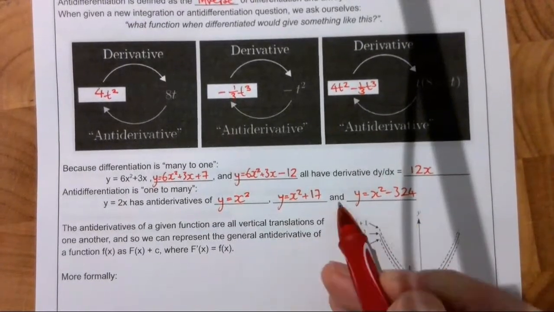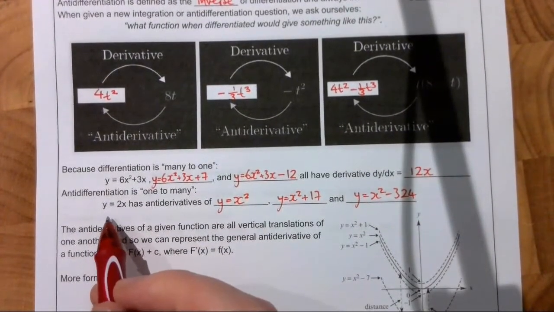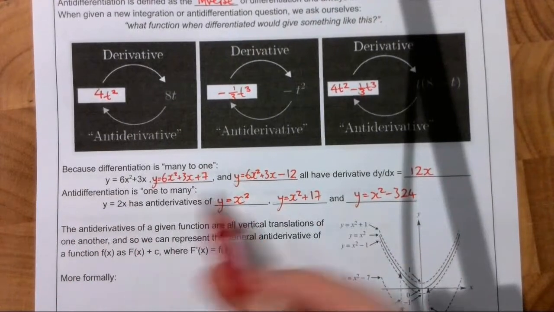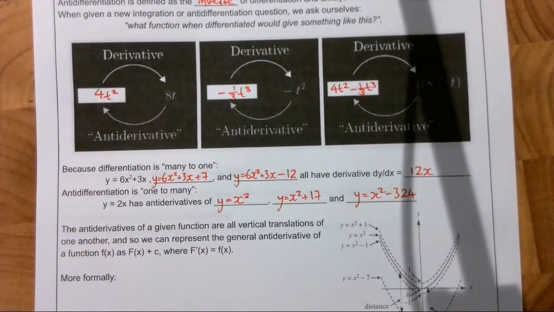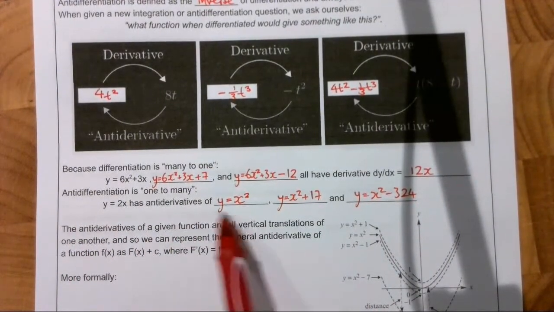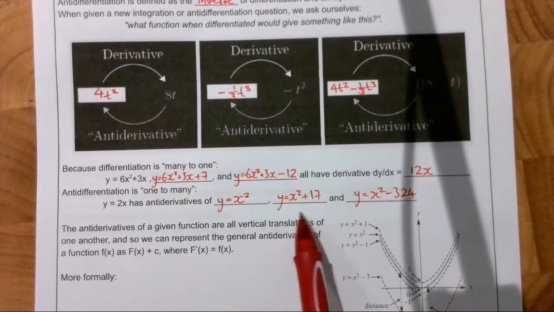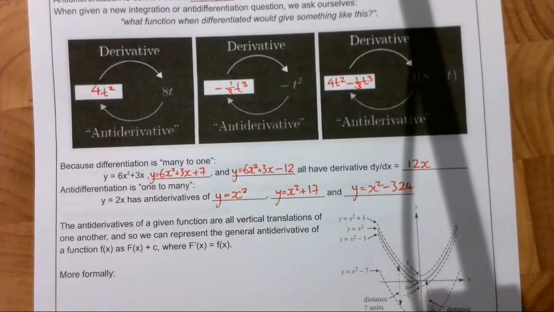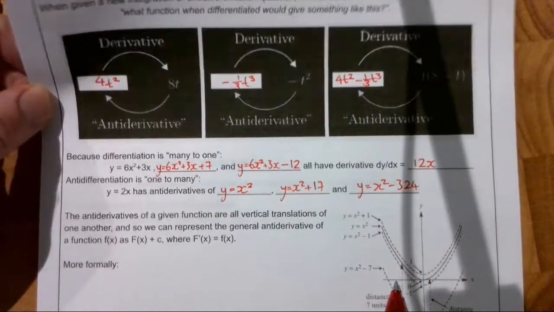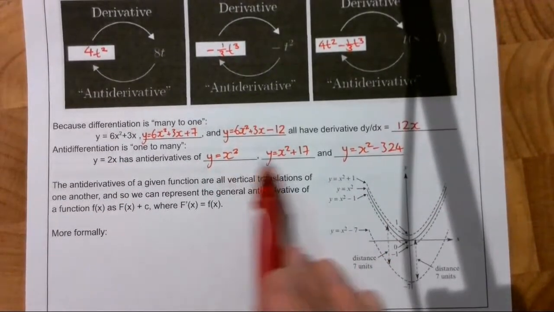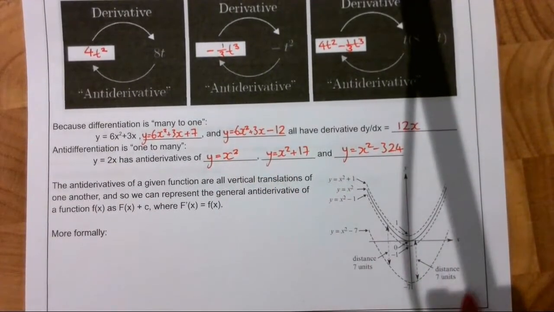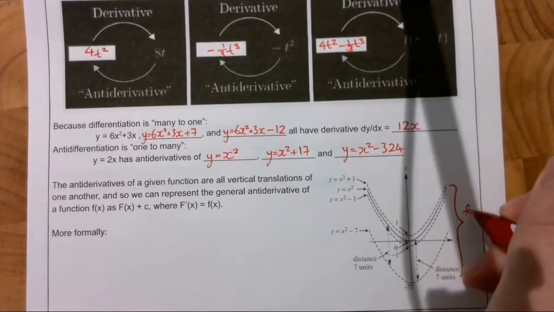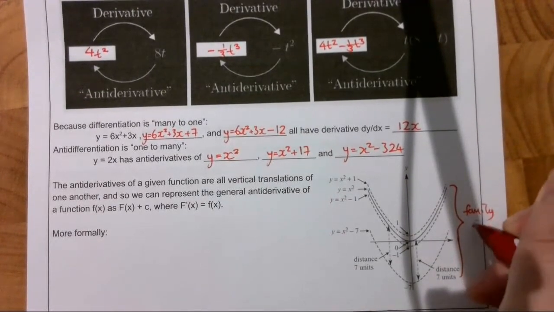All of those have derivative y equals 2x, so anti-differentiation is one to many. And all these functions, what you notice is they're all vertical translations of one another. And in fact, we can see that represented on this diagram here. All of these are part of the family of solutions. And that's what we would call this, the family of solutions.